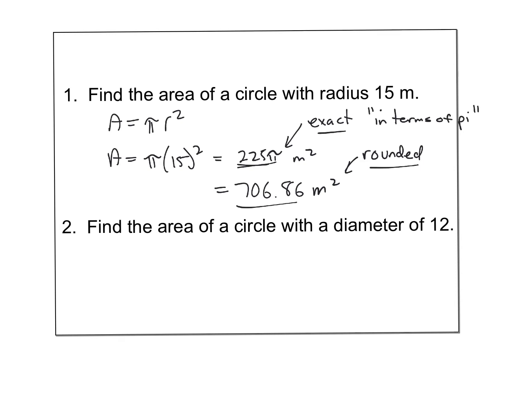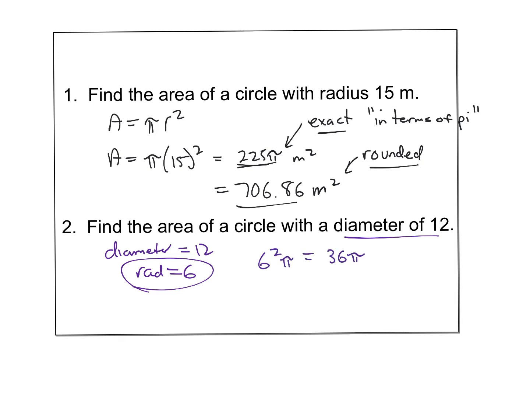For number 2, diameter of 12 means that the radius is merely just half of that. So my radius is 6. So I want to take 6 squared times pi. So that will give me 36. And again, that's my exact or my in terms of pi answer.